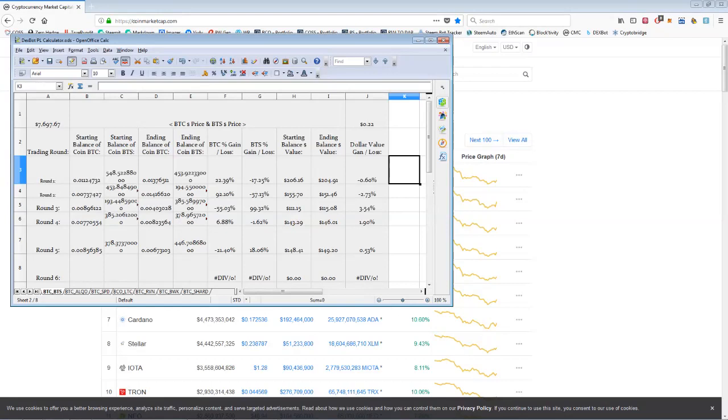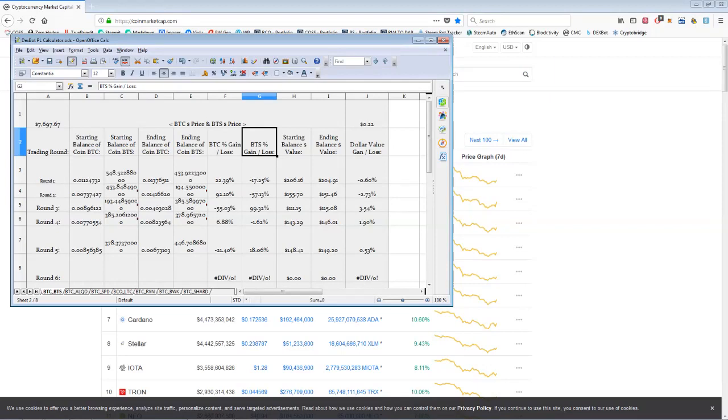Using OpenOffice calculation page. It's just like Excel, but it's the open source version of it. I do just a quick formula to find out what percentage gain my Bitcoin balance had versus what percentage gain or loss my Bitshares balance had. So as you see here, the first round I did, my Bitcoin, I was up 22%. My Bitshares, I was down 17%.